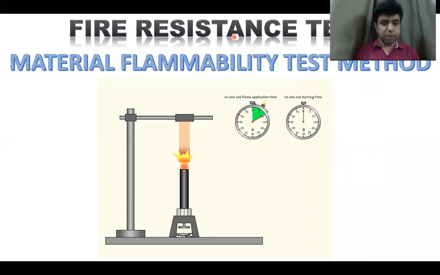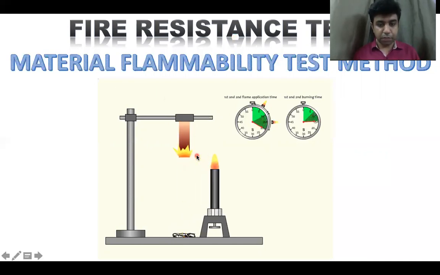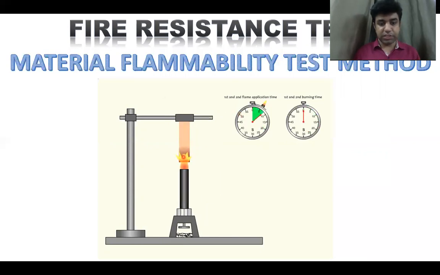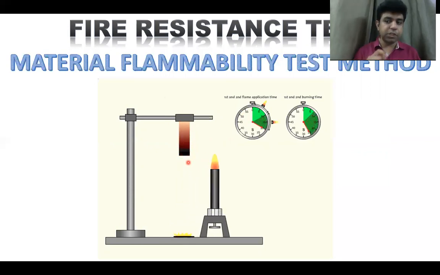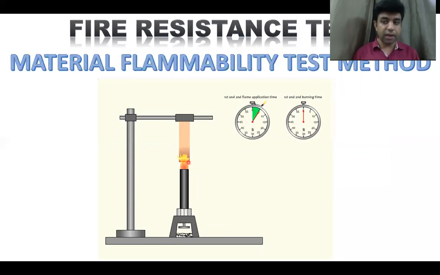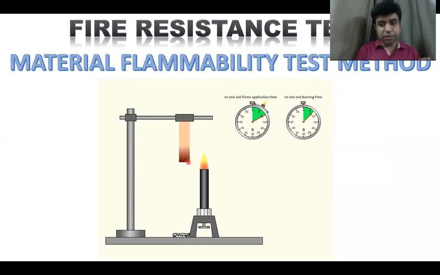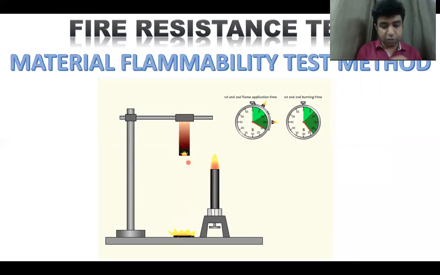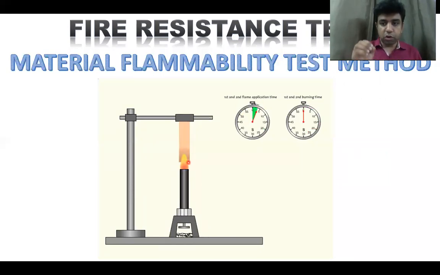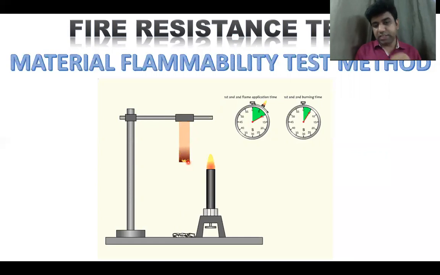That sample is kept under the burner, a kind of Bunsen burner, and we evaluate how much time it takes to propagate the fire from one end to the other, or at what temperature it catches fire. That is evaluated for all the materials used in the automobile, right from the upholstery to all the plastics, which all catch fire.